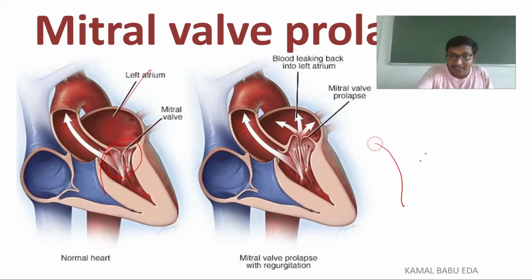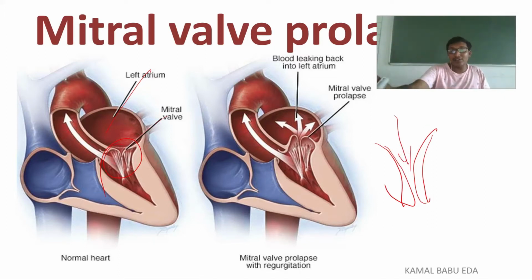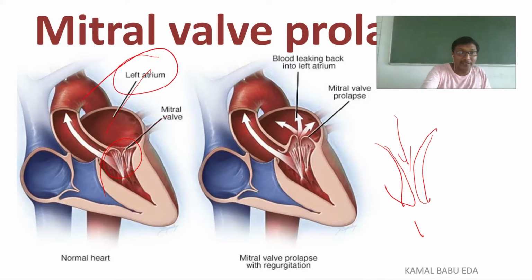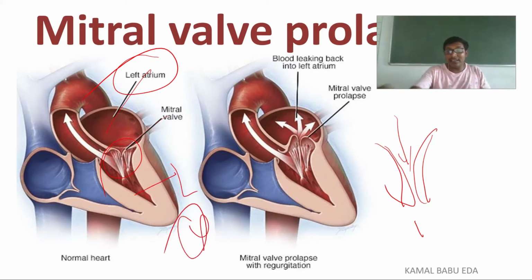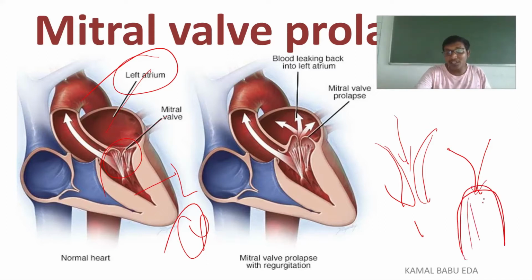It is downwards, so it allows blood from the upper portion of the heart, the left atrium, to the lower portion, the left ventricle. Since it is in a curved shape, whenever blood tries to enter the left atrium again, the shape prevents the re-entry of blood.